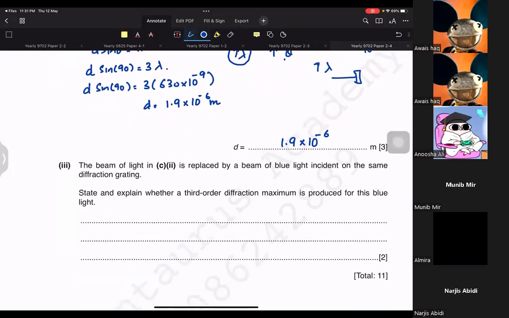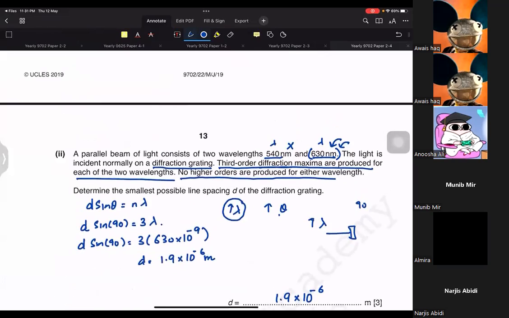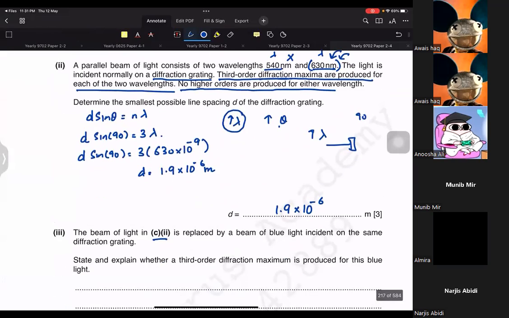All right. Now the beam of light in C2 is replaced by a beam of blue light incident on the same diffraction grating. Beam of light in C2, where is C2? Okay. Is replaced by beam of blue light, same. State and explain whether third order... Now, this is something you need to basically understand.